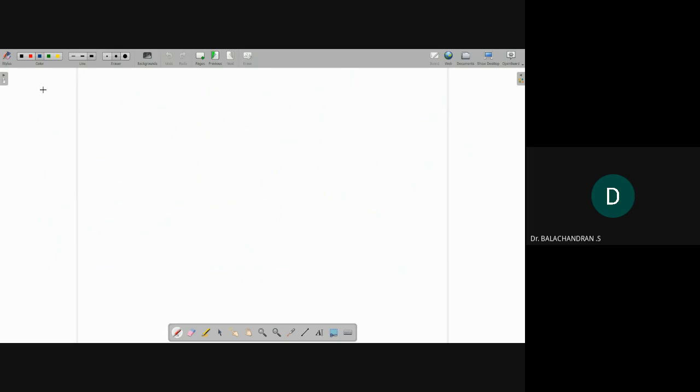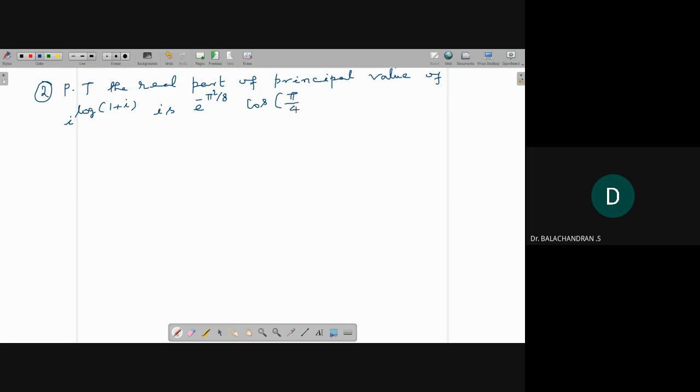Problem number 2: prove that the real part of the principal value of i power log of 1 plus i is e power minus pi square by 8 into cos of pi by 4 into log 2.